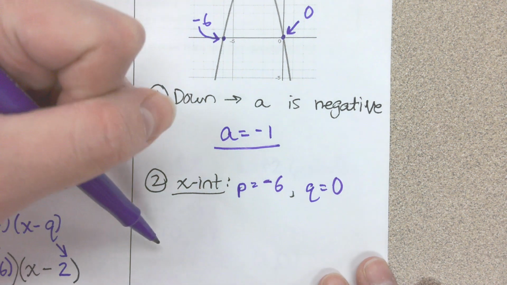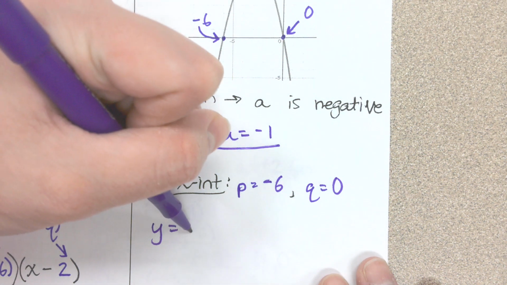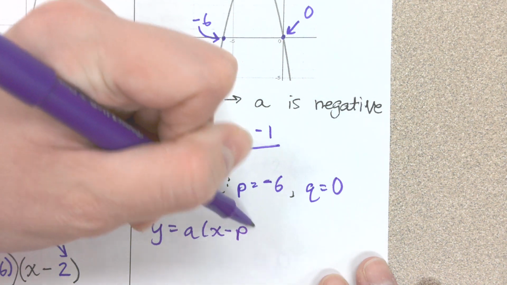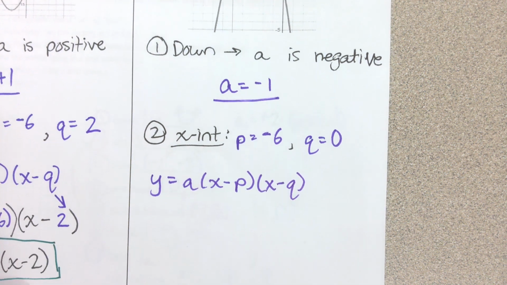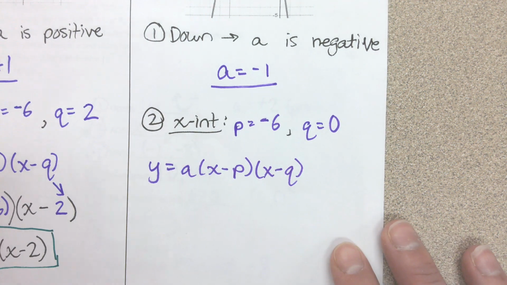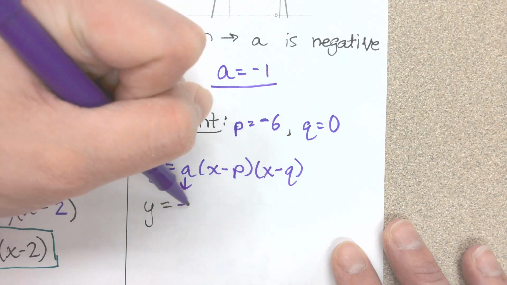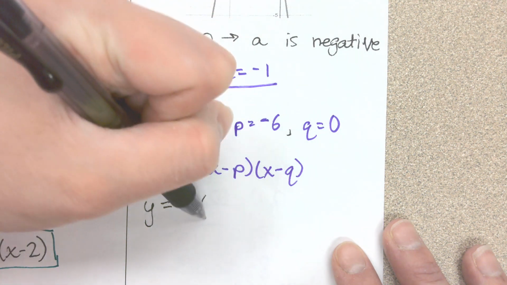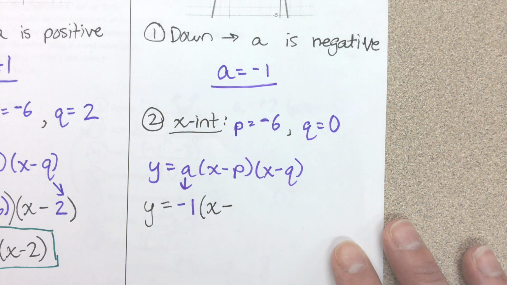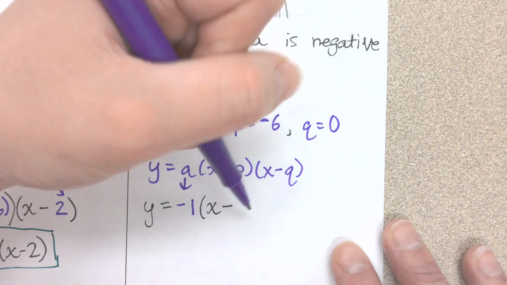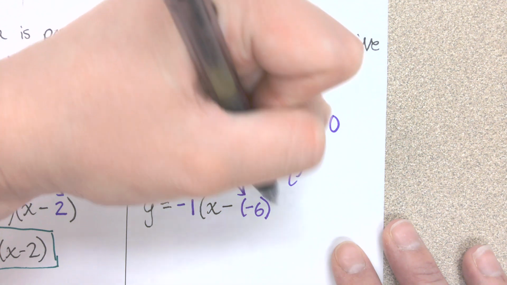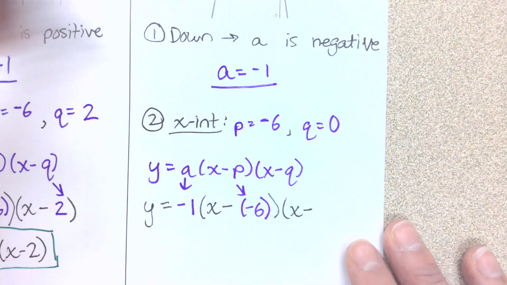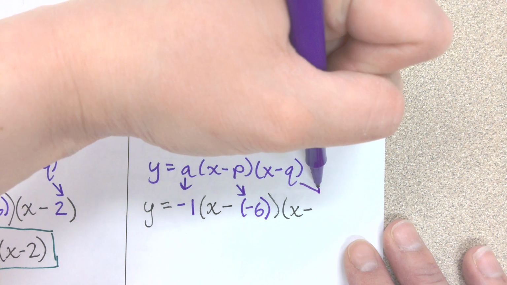Let's put it all together. Equation Y equals A times X minus P times X minus Q. Let's plug everything in. Y equals A, this time negative 1, times X minus P, which is negative 6, so we're going to have an extra negative in there, times X minus Q, which is 0.